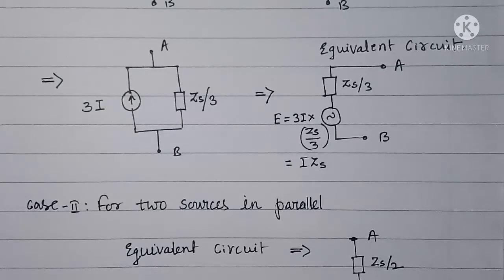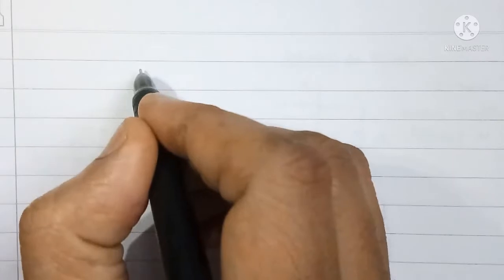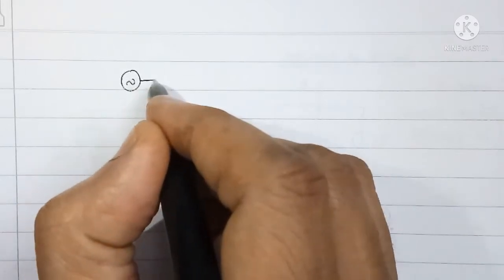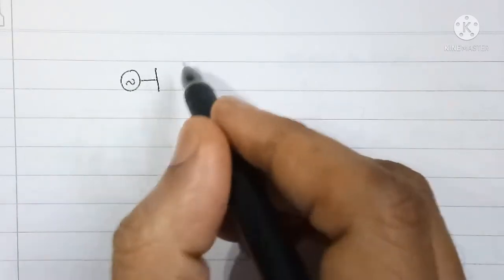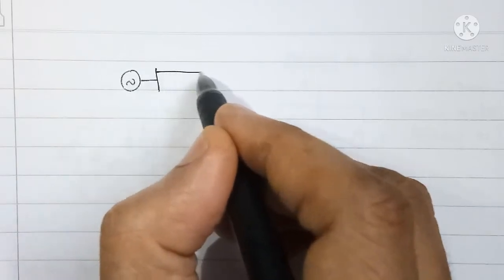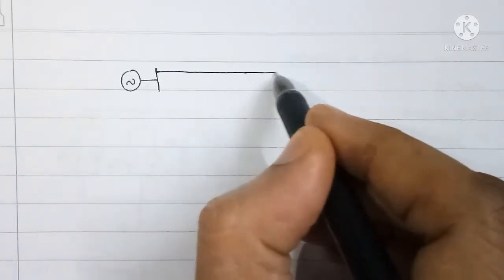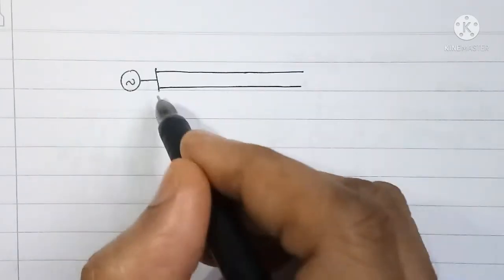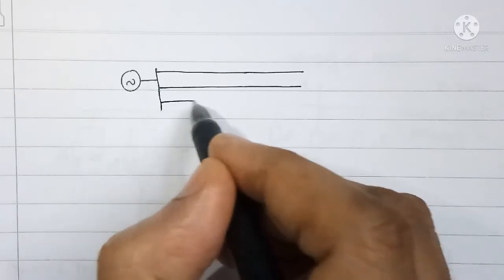Now we will take the case of transmission lines. Let us say we have a source which supplies load through three transmission lines in parallel.